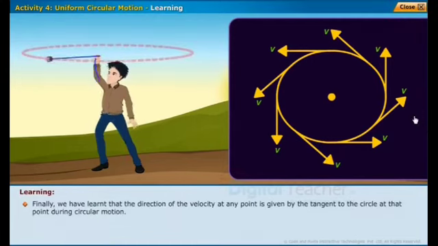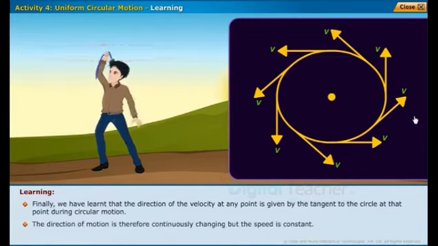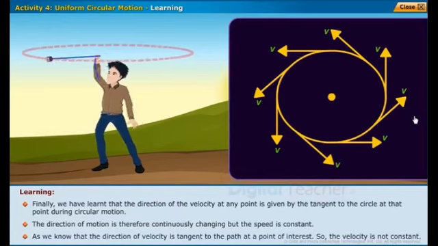So, finally we have learned that the direction of velocity at any point is given by the tangent to the circle at that point during circular motion. The direction of motion is therefore continuously changing, but the speed is constant.